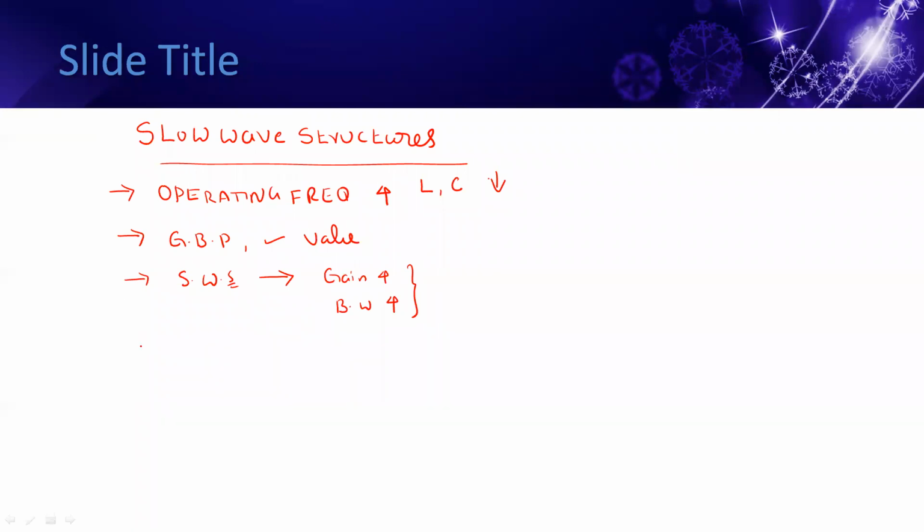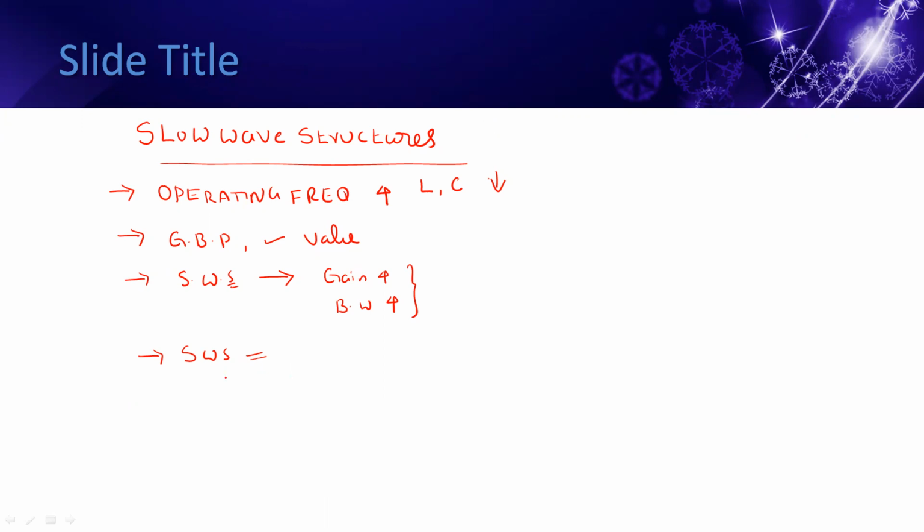By definition, these slow wave structures are special circuits used in microwave tubes to reduce the wave velocity in a certain direction so that the electron beam and the signal wave can interact with each other.